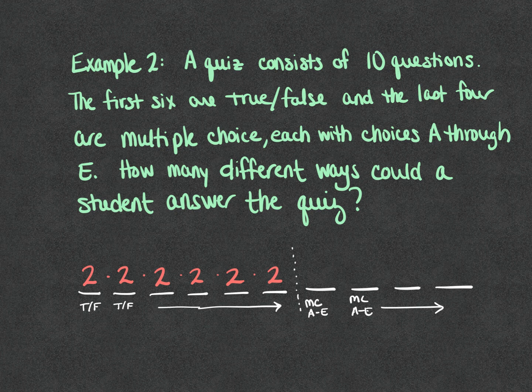Now things change a little bit when it comes to question numbers 7, 8, 9, and 10. These are the multiple choice questions, and remember we have choices A through E. That gives us 5 different choices for each of those multiple choice questions. And again, we continue to multiply our way down.